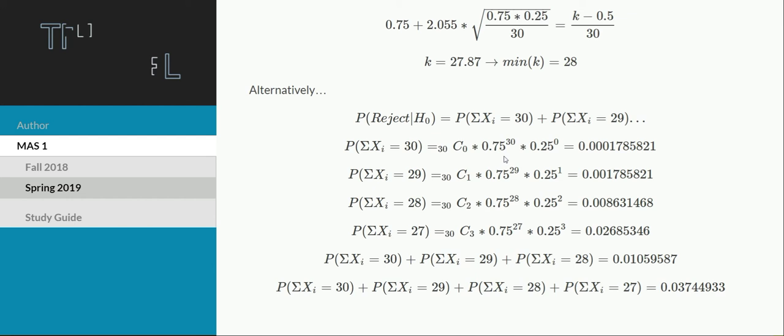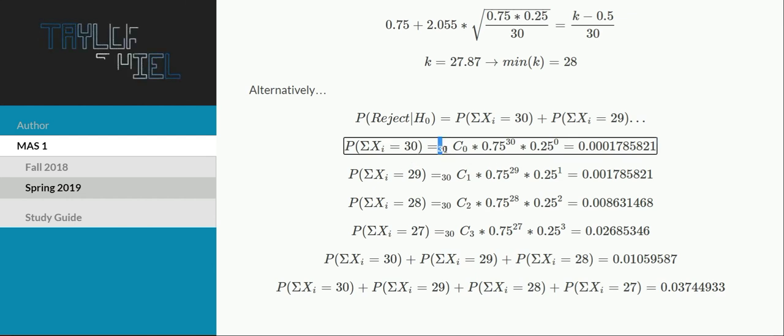And here you're just asking, what's the probability of seeing 30 successes? Well, how many ways are there to organize 30 yeses? There's only one. 30 choose 0 is 1, multiplied by the probability of seeing 30 of these and 0 of those. So 0.75 to the 30, multiplied by 0.25 to the 0, so you have 0 failures, and that equals this number.